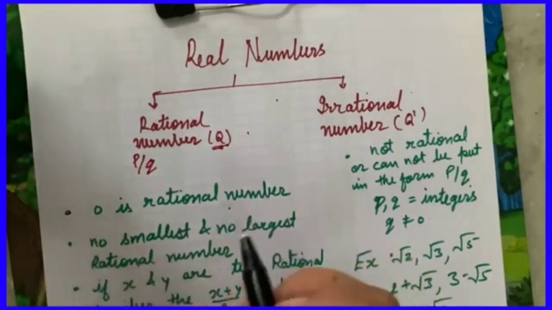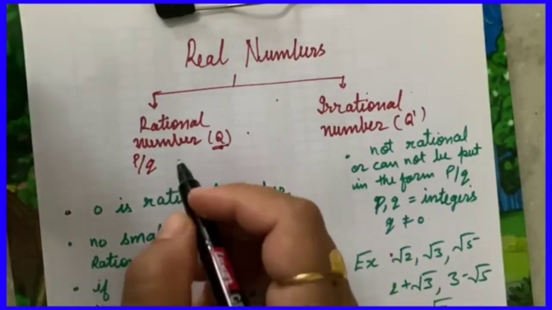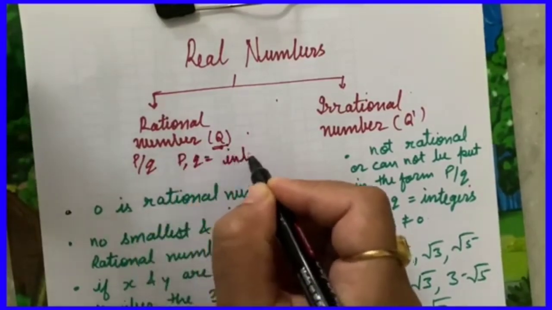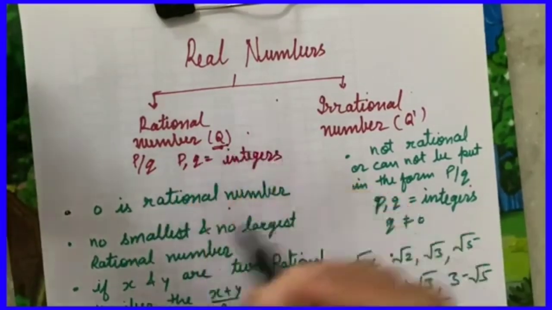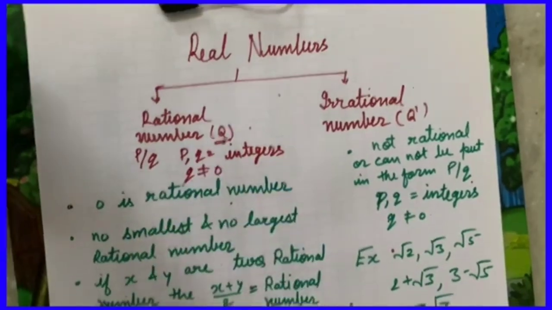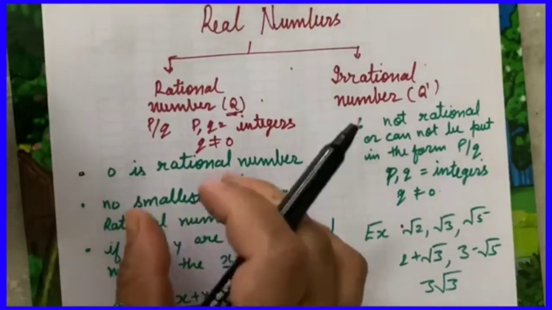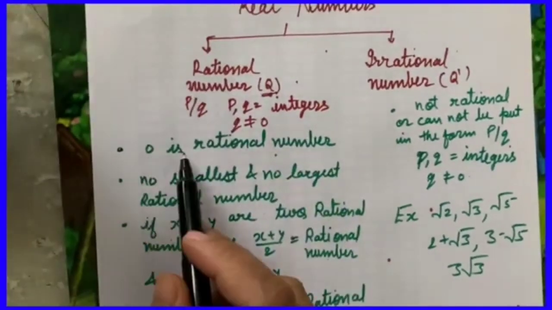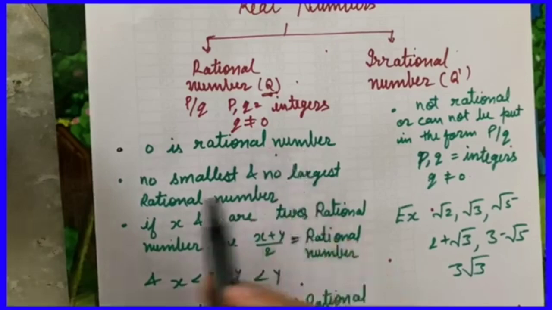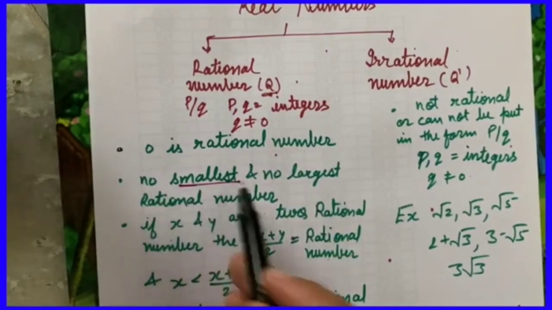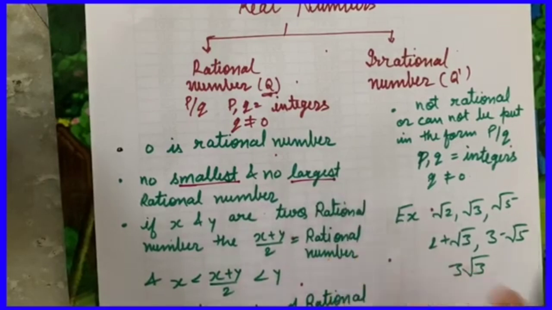Or which can be put in form of p by q, where p and q are integers, okay, and q is not equal to 0. Now again some points about the rational numbers. 0 is a rational number. Okay, and we cannot determine smallest rational number and largest rational number.